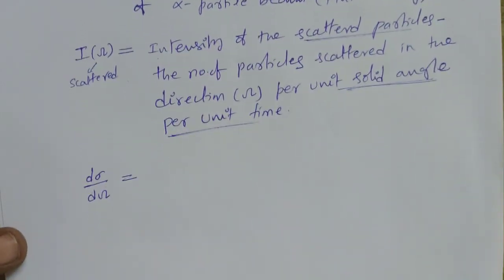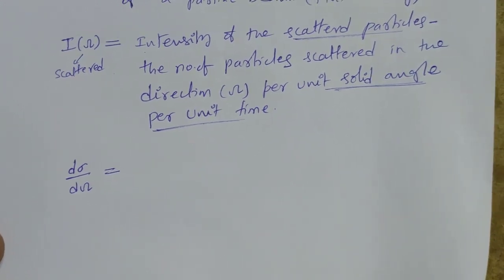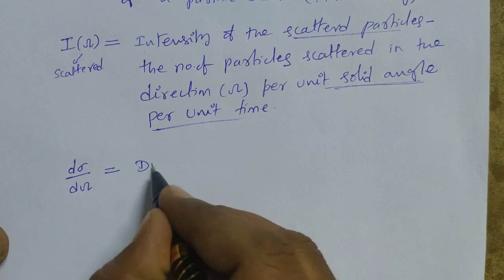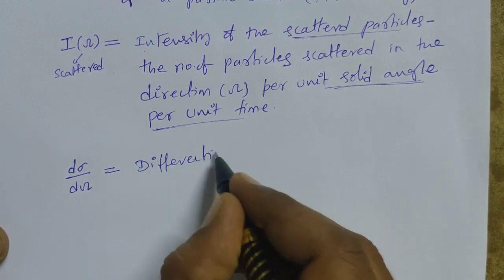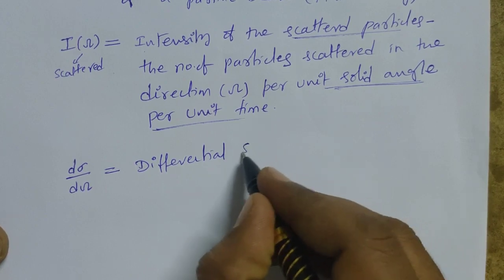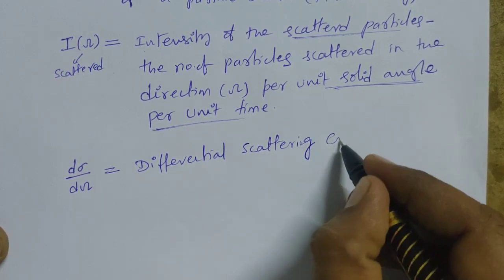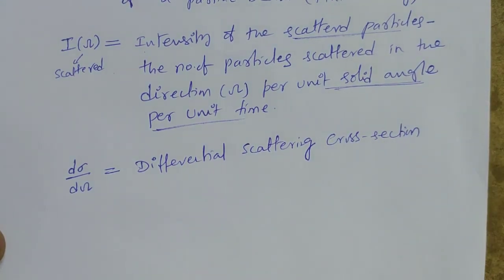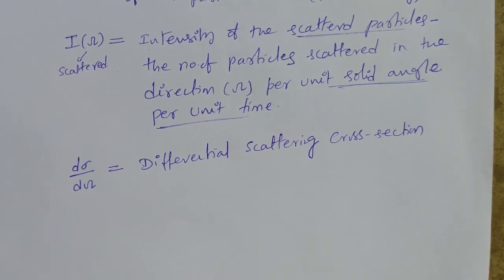So this is known as differential scattering cross section. So what is this differential cross section? So this is very easy to understand.